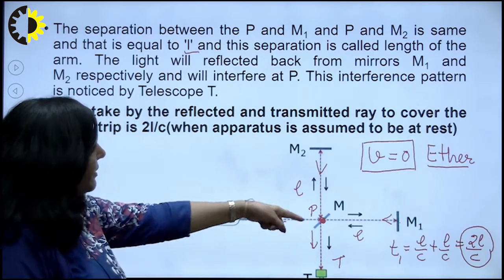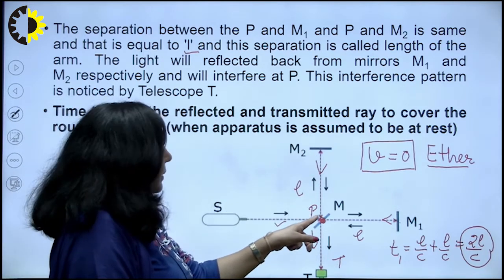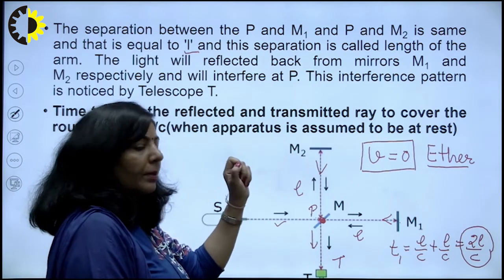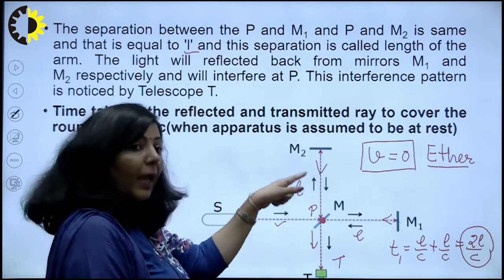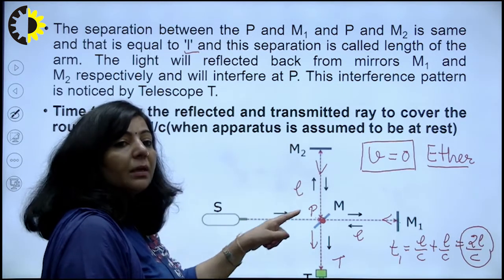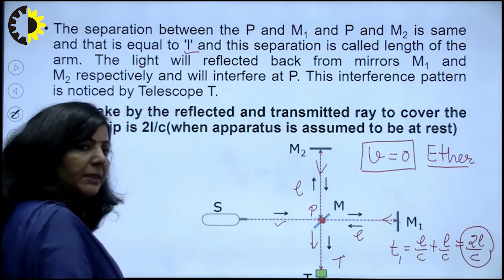Now for the reflected ray, for this particular portion, the time taken by the light to move from P to M2: what is this distance? L. Light travels this distance with speed c. So what is the time taken? Time taken for the forward journey is L by c.